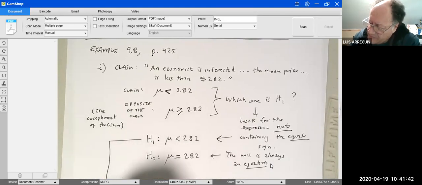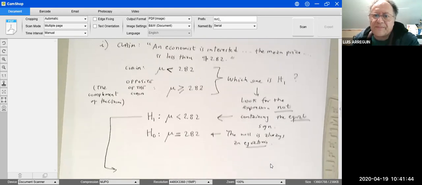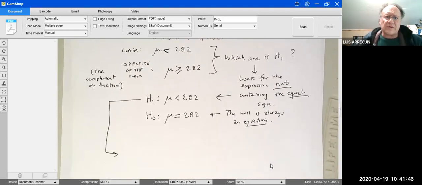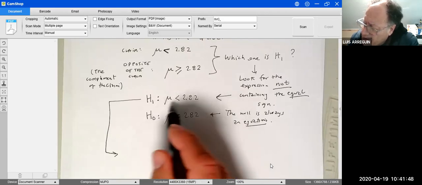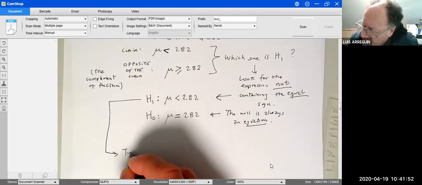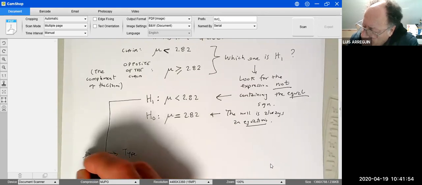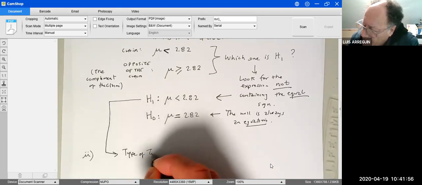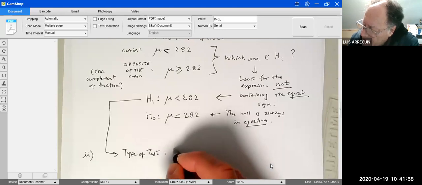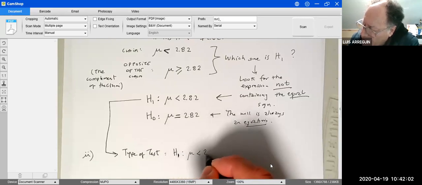So now we're going to use the alternative. The alternative most of the time is the most important expression, because based on the alternative, you're going to determine many things. First, the type of test. You can see that the alternative says mu less than 2.82.